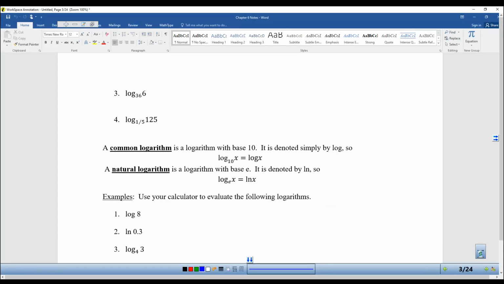You could try and do these next two on your own, but in case you can't, I will do them for you. So I'm trying to evaluate this. It's easier if you put an x there. 36 to the x is equal to 6. So you might be thinking, I don't know how to do that. Well, you could change this one to 6 squared to the x is equal to 6.